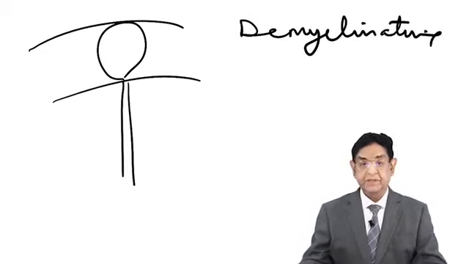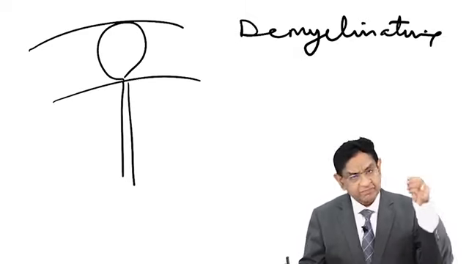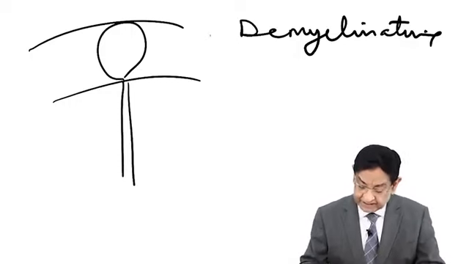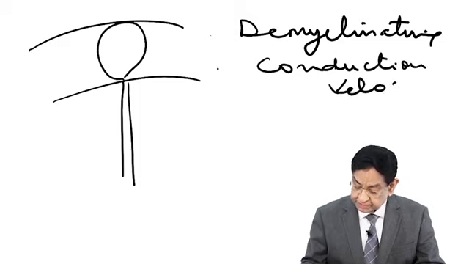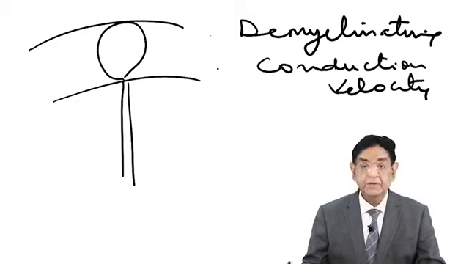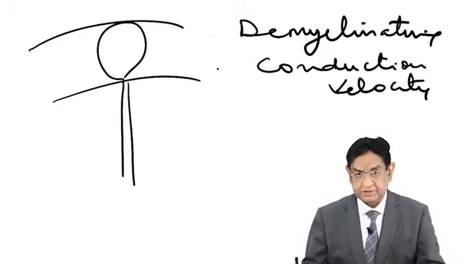Demyelination, right? So definitely when the myelin sheath is gone, one feature will be that conduction velocity will reduce. Very obvious. This is a classical feature that we will get in case of multiple sclerosis.